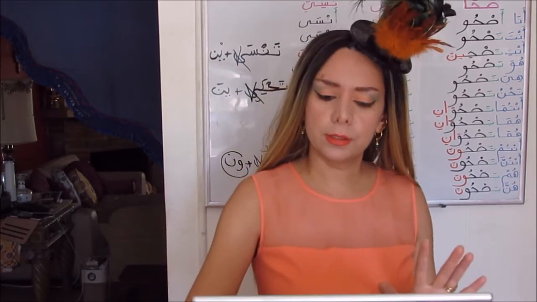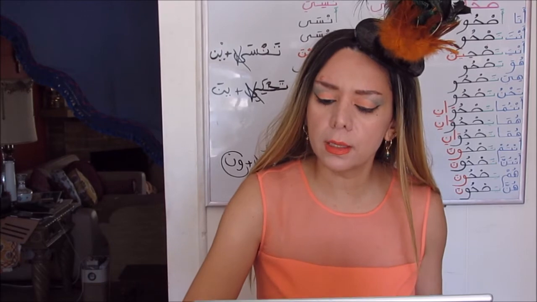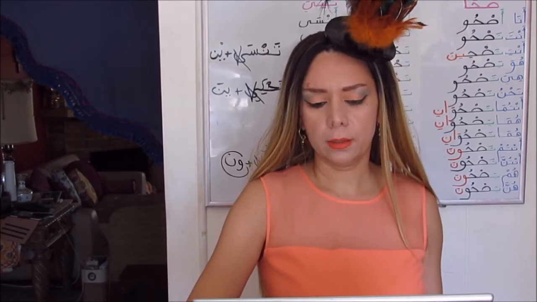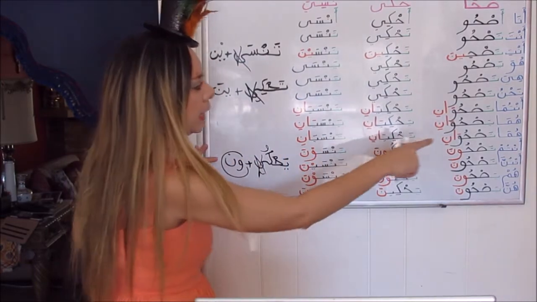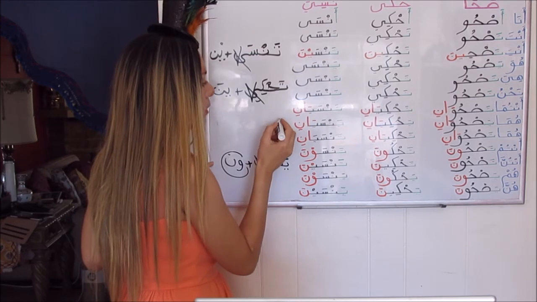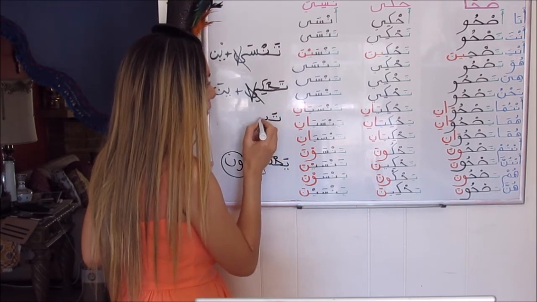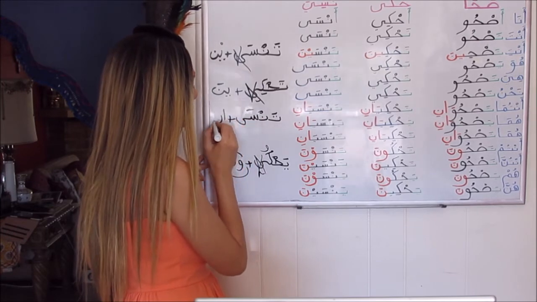Alright? For the dual conjugations, the last radical will always be written as a ya, with the dual suffix attached. So we have antuma, we have tansa, plus an.